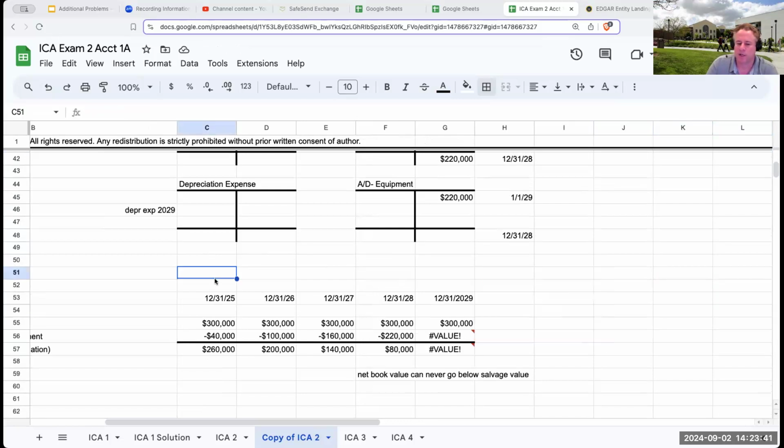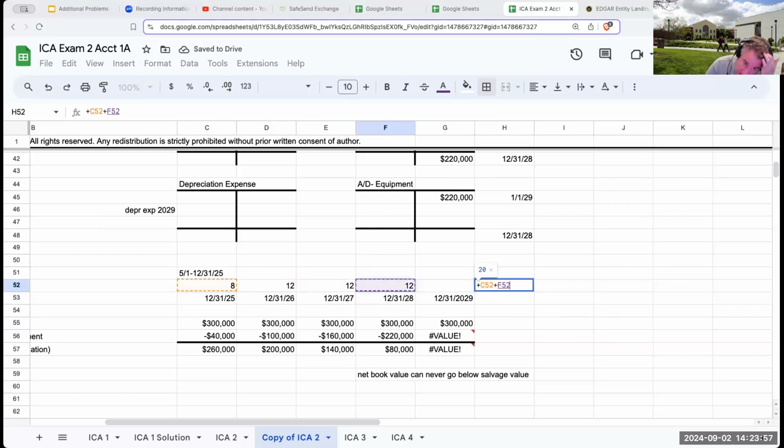So if we look at this, during 12/31/25, we took 8 months of depreciation, or from May 1st through December 31st of 25. Here we took 12, here we took 12, here we took 12. And before we just got to 12/31/29, we basically had 44 months. So what does this mean? I can only take 4 months more of depreciation on this asset.